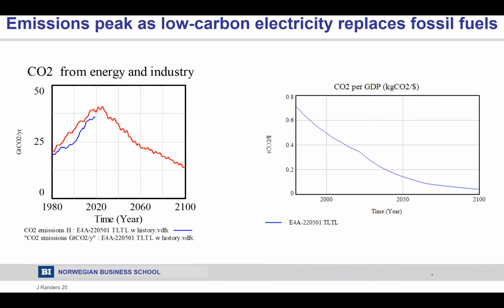And the main reason is, of course, the CO2 per GDP, which is the true climate efficiency of the economy, which has come down dramatically since 1980. Those are the historical numbers from 0.65 kilogram per dollar of GDP down to 0.38.